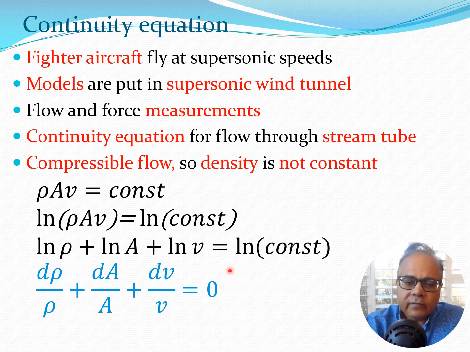Now what happens of course is the right hand side is a constant because log of a constant is also a constant, and so differentiating this makes it 0, but log of rho will become d rho by rho if we differentiate that. So this equation is going to be the source of some equation we are going to obtain, which is known as the area velocity relationship.